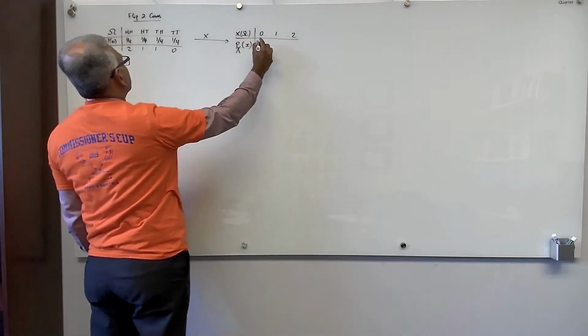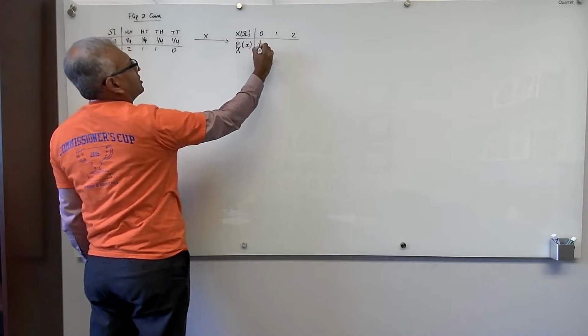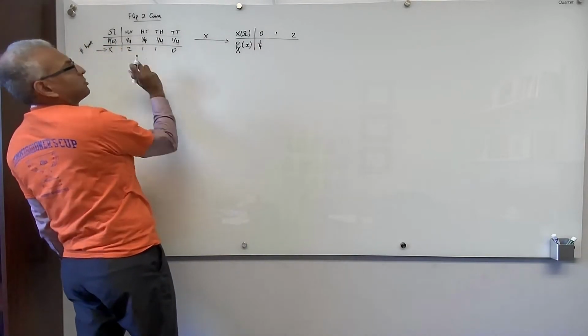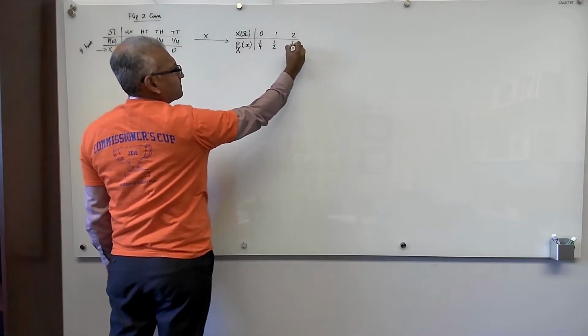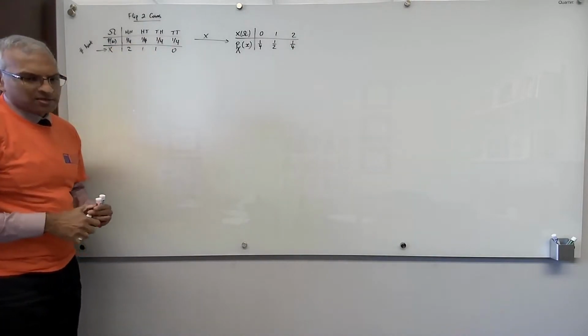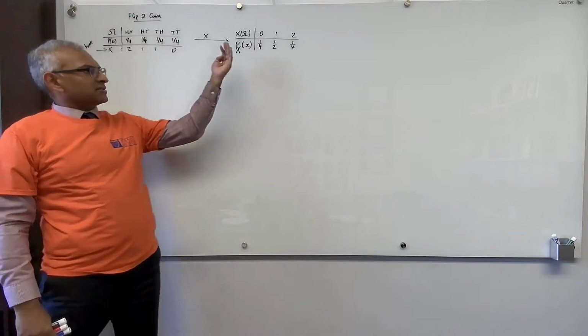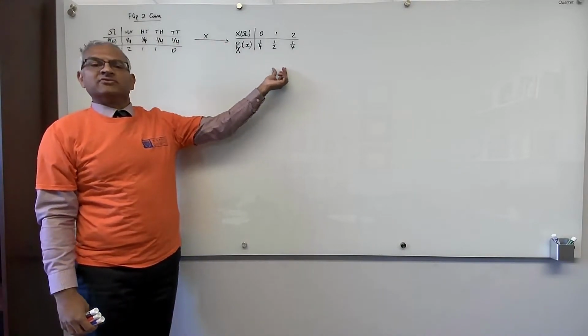So the probability of 0 heads is 1/4. The probability of 1 head is 1/4 plus 1/4, so 1/2. And the probability of 2 heads is 1/4. So this is the experiment, and this is the summary in terms of the random variable.